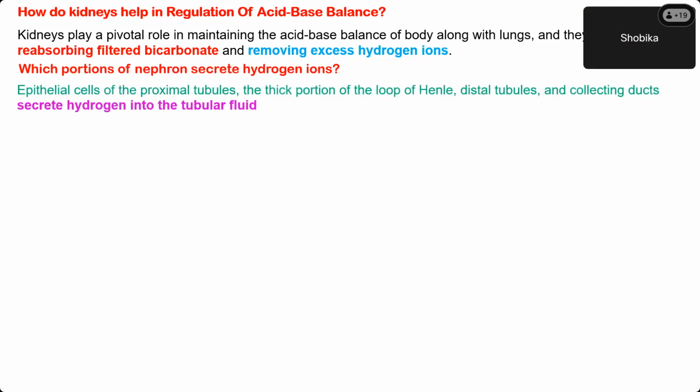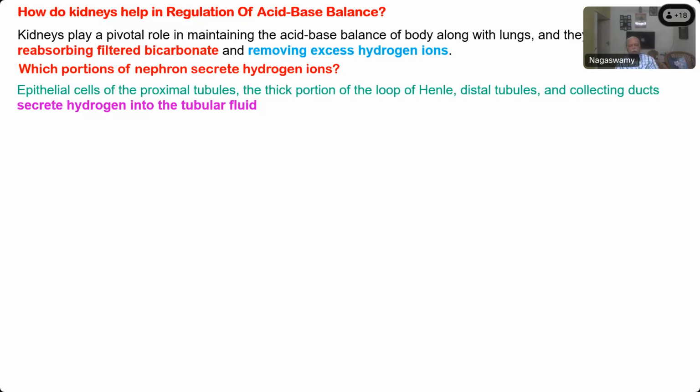So epithelial cells of the proximal tubule, the thick ascending portion of the loop of Henle, distal tubular cells and collecting ducts, all these 4 areas, secrete hydrogen into the tubular fluid.